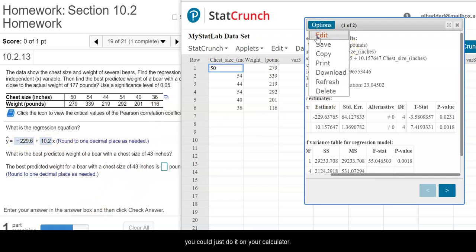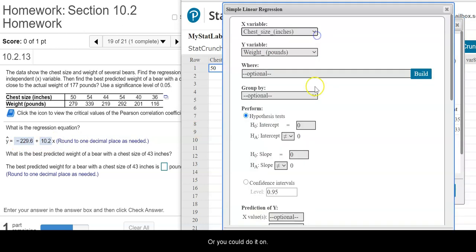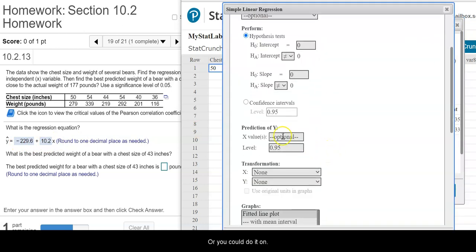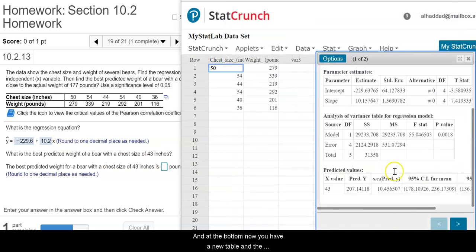Another way of doing it, you could just do it on your calculator, or you could do it on StatCrunch, where you put in 43, where it says prediction of Y, put in 43 for X. And at the bottom, now you have a new table, and the predicted Y is 207.1.